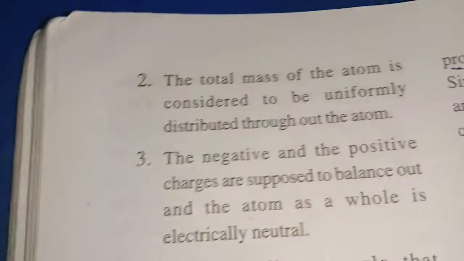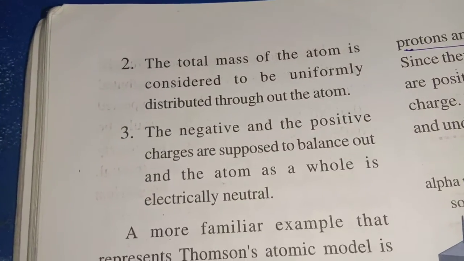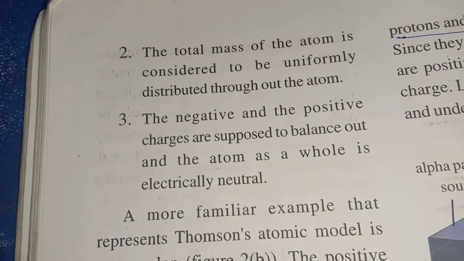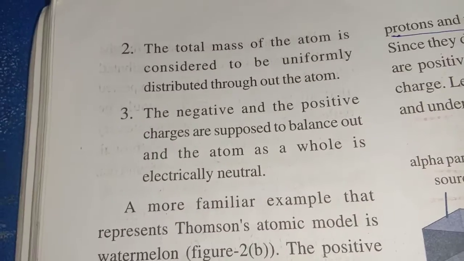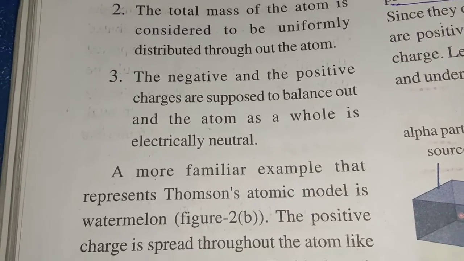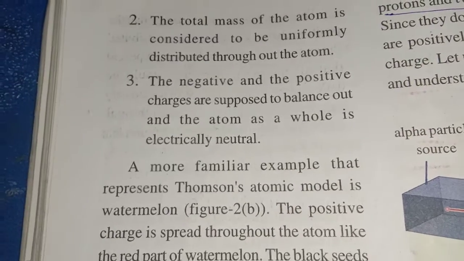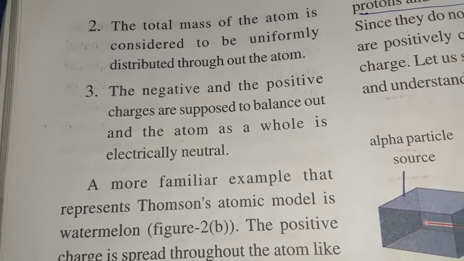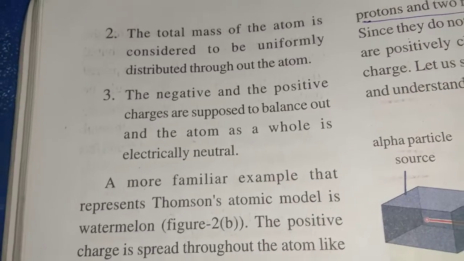Next, the total mass of the atom is considered to be uniformly distributed throughout the atom. The negative and positive charges are supposed to be balanced out, and the atom as a whole is electrically neutral.